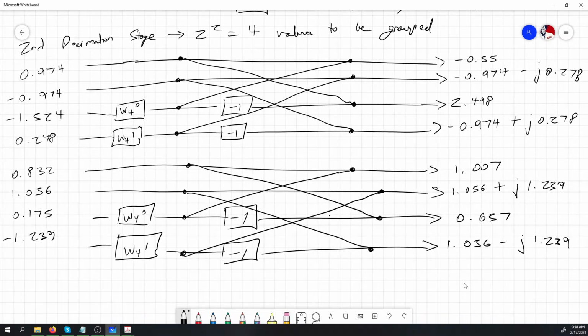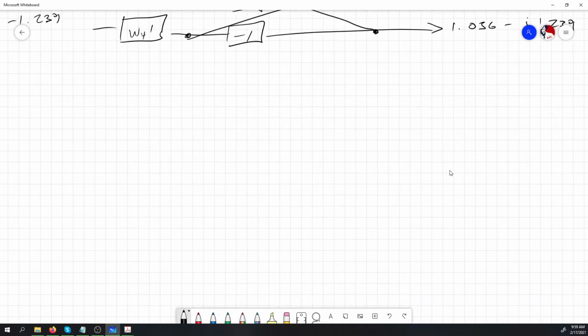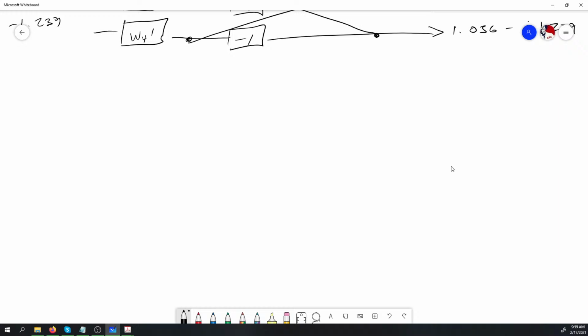So that gives us the output of the second decimation stage. Now we can move on to the third decimation stage.